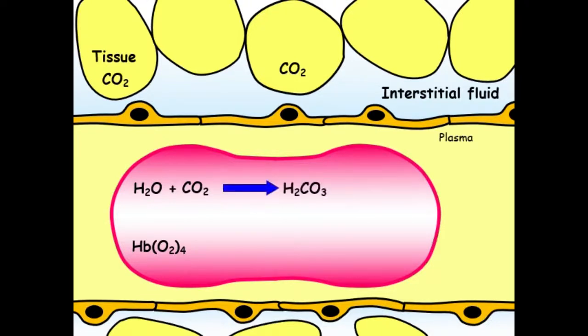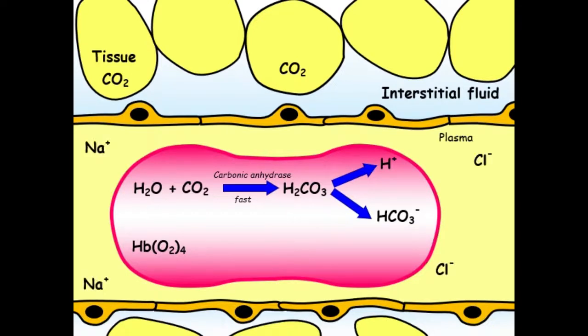But now, the difference is that the red blood cell contains the enzyme carbonic anhydrase. The presence of the enzyme speeds up the reaction so that much carbon dioxide combines with water. Carbonic acid dissociates to form proton and bicarbonate ions.